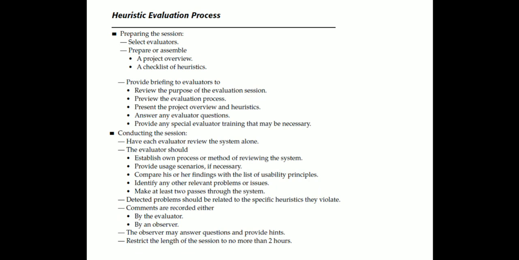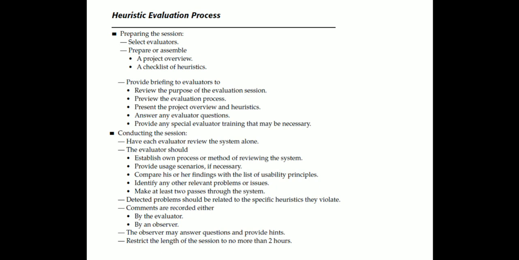So, how do we conduct these sessions? Each evaluator should inspect the system alone, not in the presence of other evaluators. This is to ensure independent and unbiased evaluations from each evaluator. Allow the evaluators to establish their own process or method of reviewing the system.